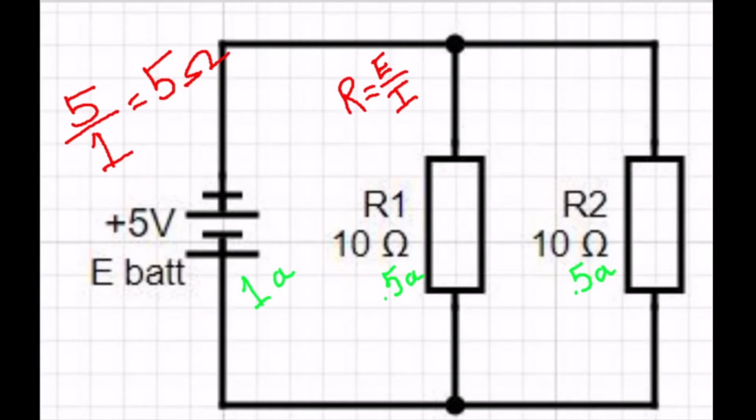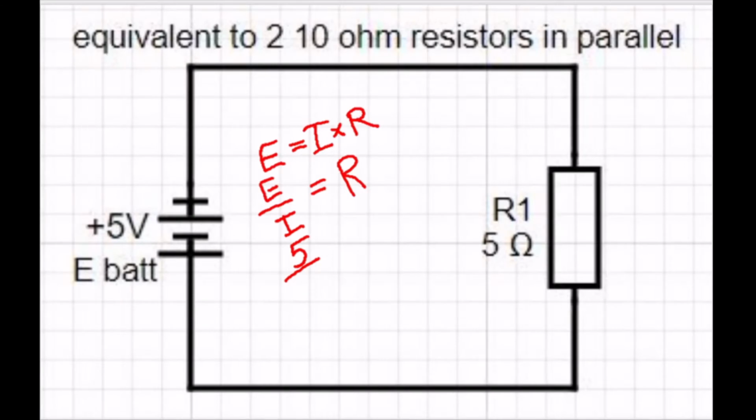So if we put in the current at 1 amp, 5 divided by 1 is the resistance, is equal to 5. There it is. So we can see that there's kind of a funny thing going on where two 10 ohm resistors is equivalent to a single 5 ohm resistor.